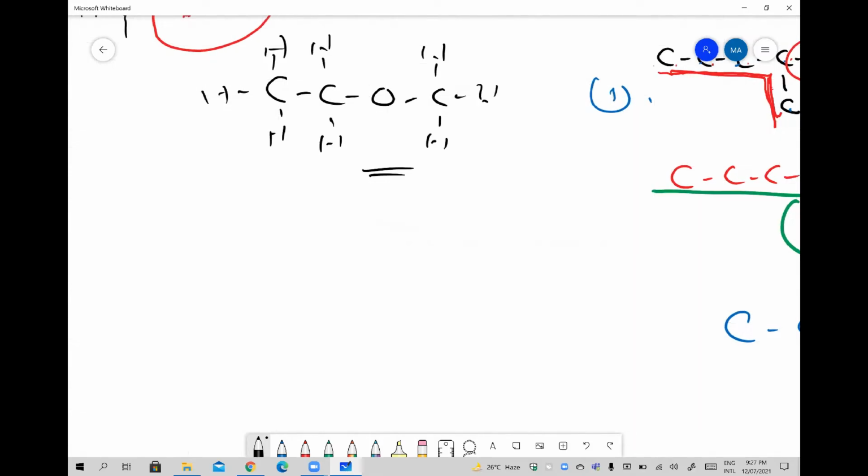Most of these functional group isomers exist between carboxylic acids and esters, aldehydes and ketones, alcohols and carboxylic acids. These are the compounds that we generally alter to create these functional group isomers.